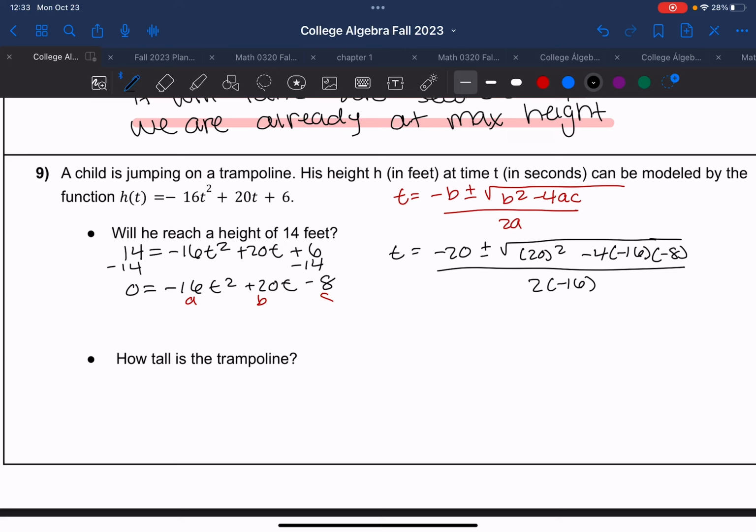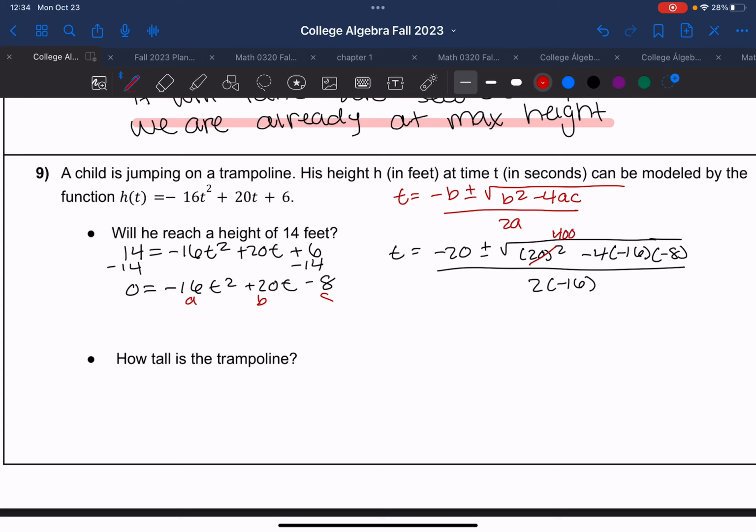We're first just going to check what is under the square root. So 20 squared is 400. So this is 400.